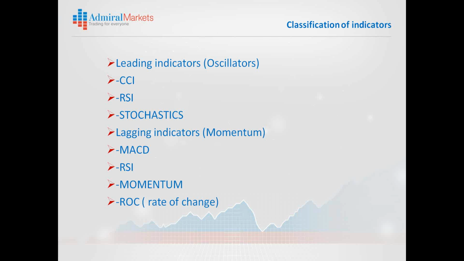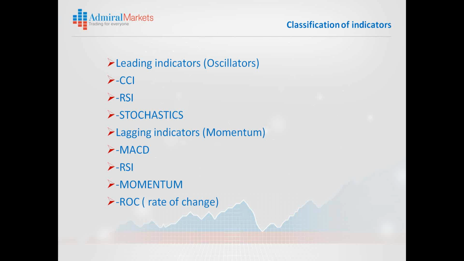But because we are talking today about technical indicators, about statistical indicators, we need to now stay above that price and mention the price mirror. And those are those technical indicators. So there are two main groups of indicators: leading, called oscillators, and lagging, called momentum indicators.